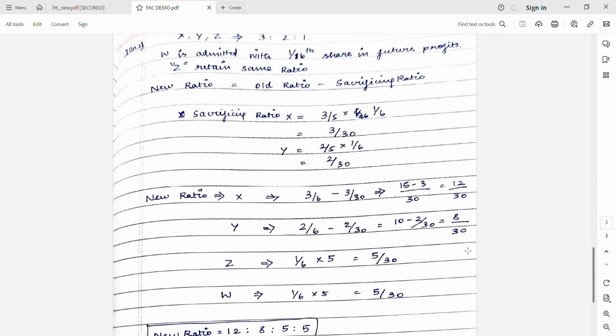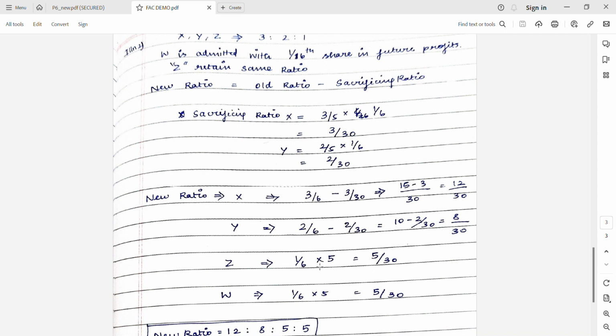But Z and W have 1/6 and 1/6. As they do not have a common denominator, I am making Z and W into a common denominator. How do I get 30? When I multiply 6 by 5, I get 30. When the denominator is multiplied by 5, the numerator should also be multiplied by the same number.